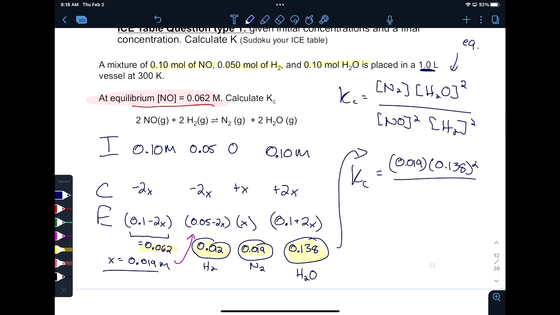NO gas, they gave it to us, so it's 0.062 squared, and then hydrogen gas is 0.012 squared. All right, and then just plug and chug, and you'll see that Kc for this specific reaction is 654.